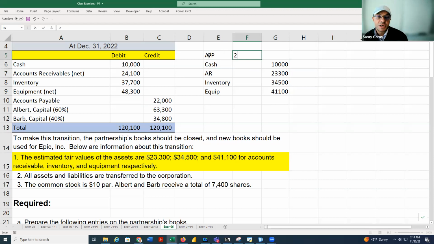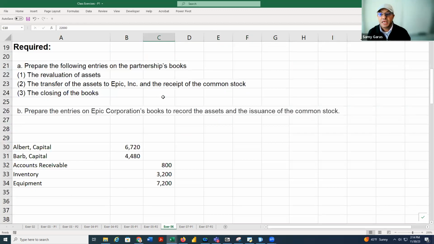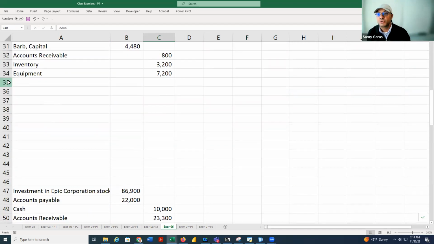The accounts payable here is 22,000. Because we are closing off the accounts, all the assets will be credited to close off the debit, and the liability will be debited to close off the credit. And this would make the second journal entry.